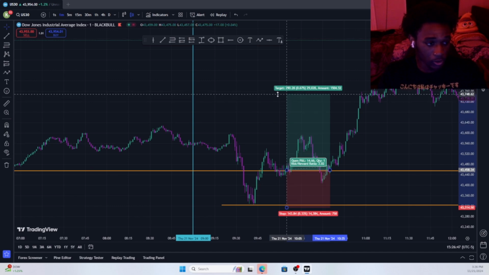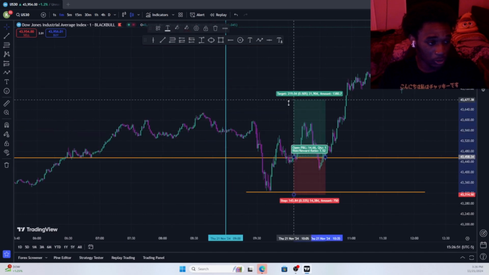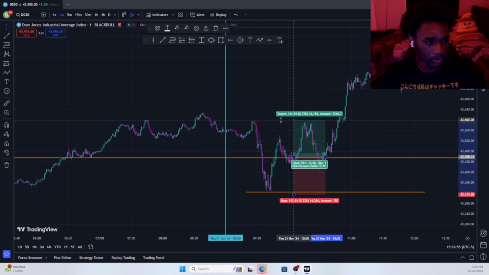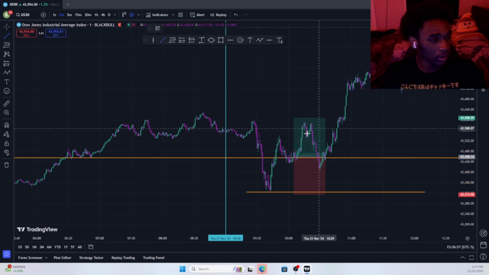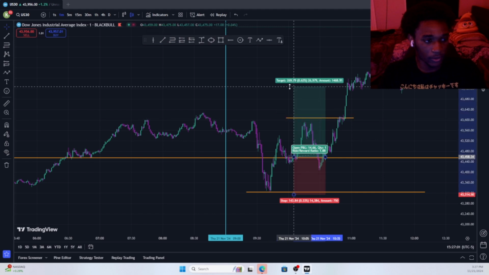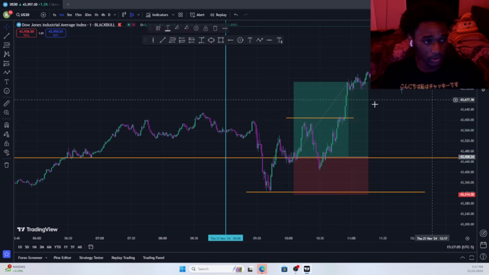Targeted a 1 to 2 and cashed. I took partial profits at a 1-to-1 risk to reward. So that was about right here. I took partial profits about right here. As soon as we hit that 1-to-1, and I just target a 1-to-2 at my full TP and cashed.